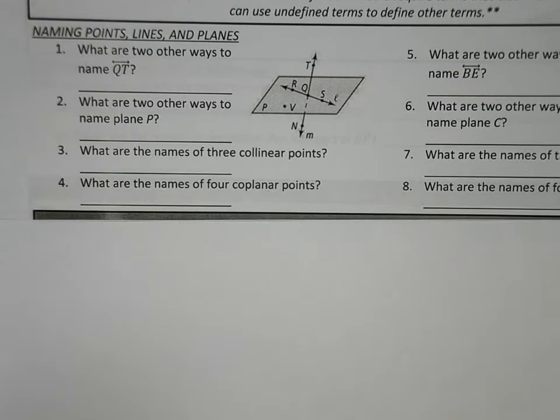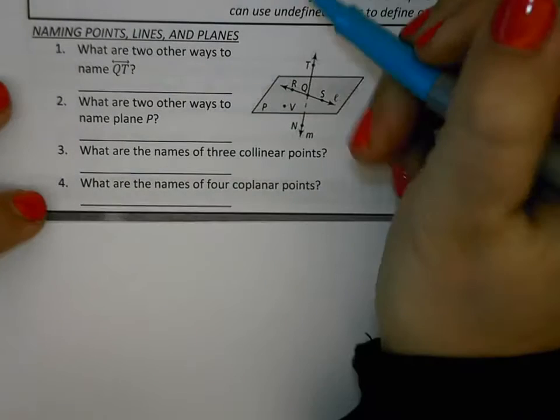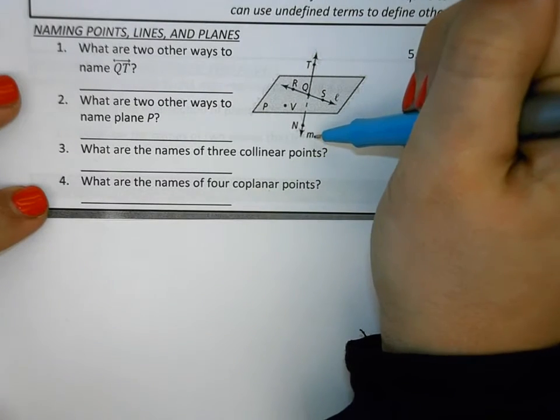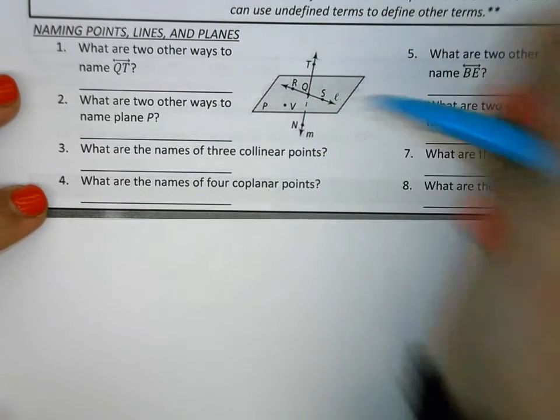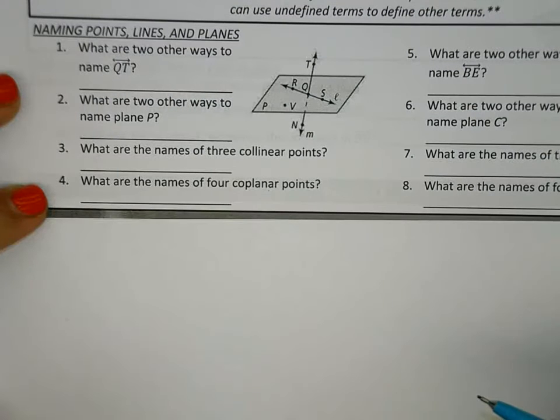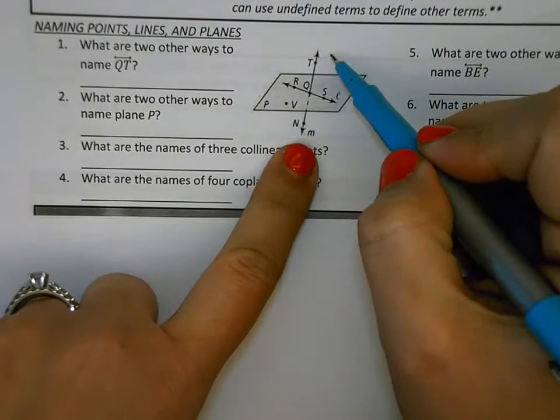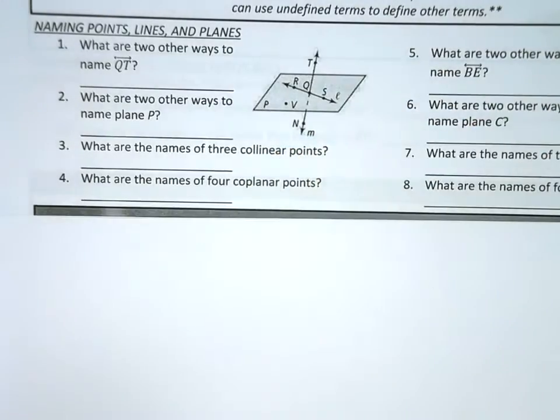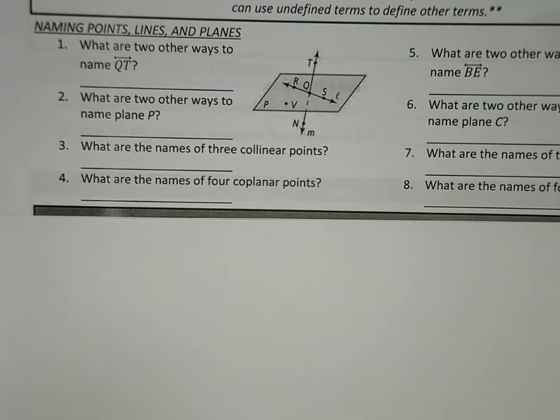But look at the other line, the line that contains points T, Q, and N, or line M. What do you notice about that line? Look very carefully. It's not a segment because it has arrows at the end, but do you see that dotted part right here? That means that the line is going through the plane.